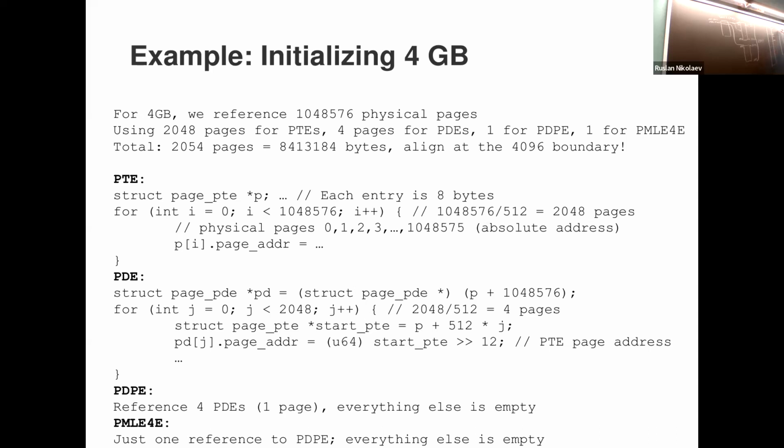So in level 2, the first is going to be 0 to 511, then 512 to 1023, then 1024 to 1535, and then 1536 to 2047.